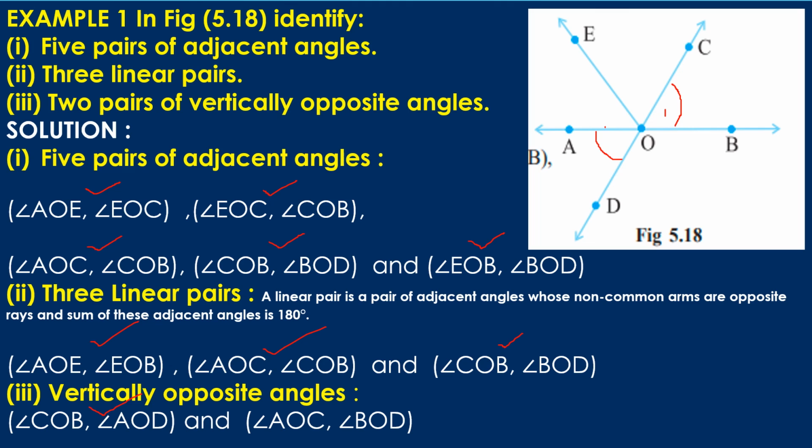Angle 1 and angle 2, we can name like this also. And next, angle AOC and angle BOD or DOB, these are also vertically opposite angles. Therefore we have two pairs of vertically opposite angles in the given figure.